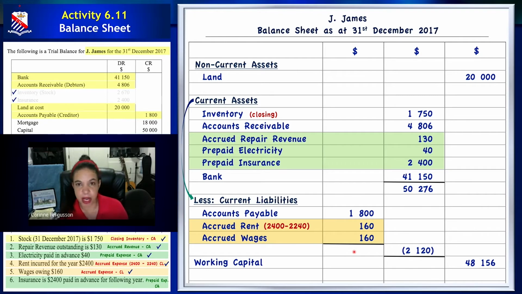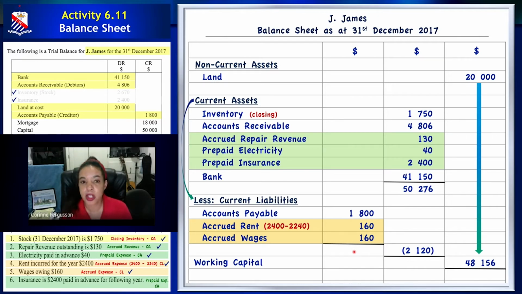Notice you don't put any brackets or anything like that. Whatever you get, you put. If it's a positive figure, you put it as a positive figure. If it happened to be a negative figure, then you would put it across with your brackets. In this case, it's a positive figure, 48,156. You put it across in the last column and you add it to your fixed or your non-current assets of 20,000, and that gives you your first total.